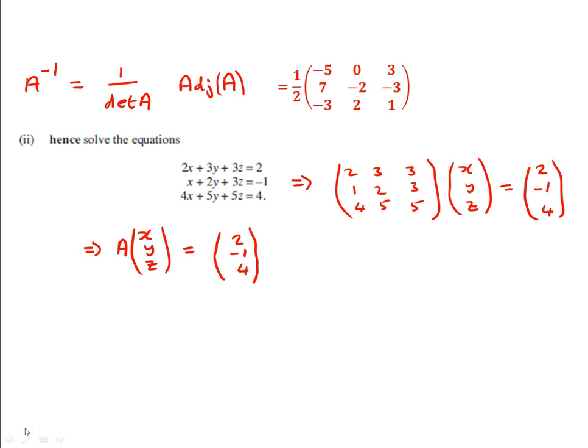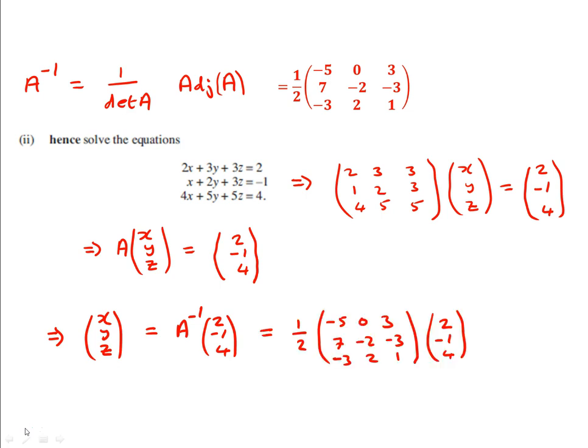Now if we pre-multiply each side of this equation by A inverse, the left hand side becomes A inverse A times (x, y, z), and A inverse times A is just the identity, so the left hand side just becomes (x, y, z), and the right hand side becomes A inverse times (2, -1, 4).